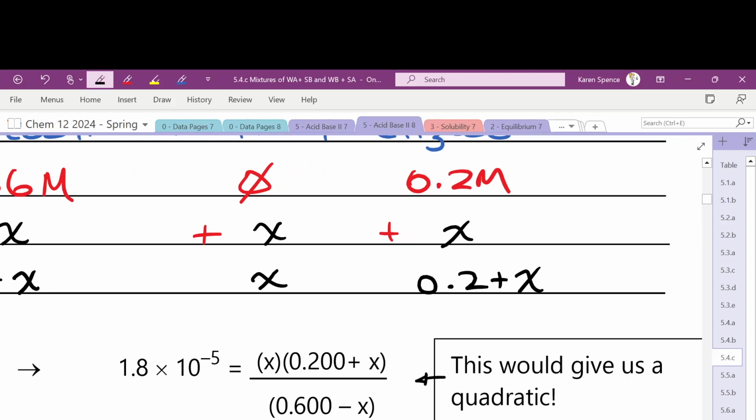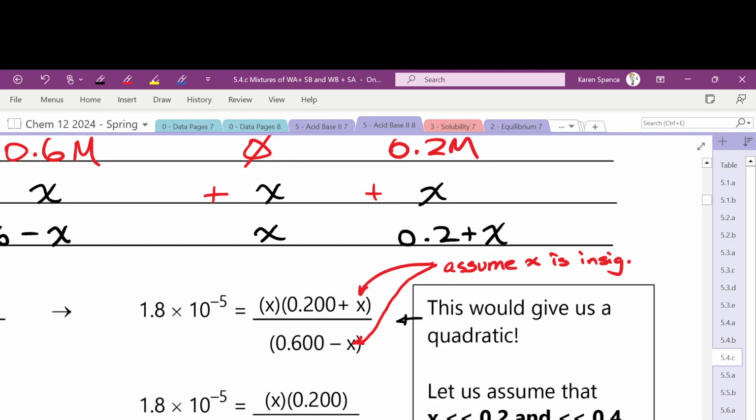This would be a horrible quadratic. What do you think we could do? We can assume X is insignificant, and that's going to be these 2 X's here and here. And if you do that, look how pretty.